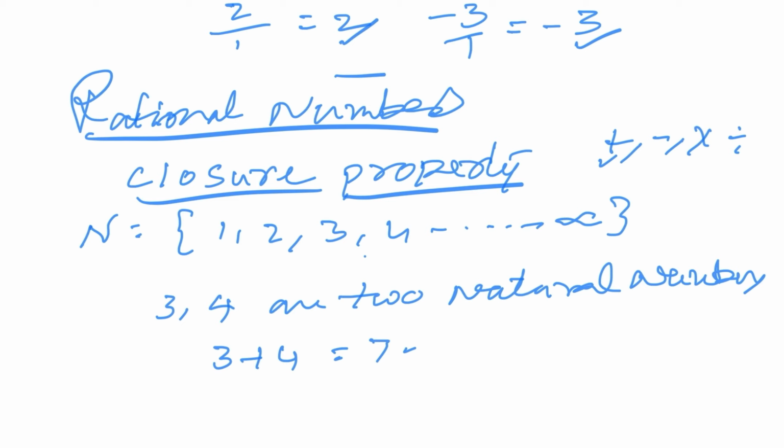If two numbers are taken from this set and their sum is also in the set, then the set is said to follow the closure property. Otherwise, you can say the set of natural numbers is closed under addition.